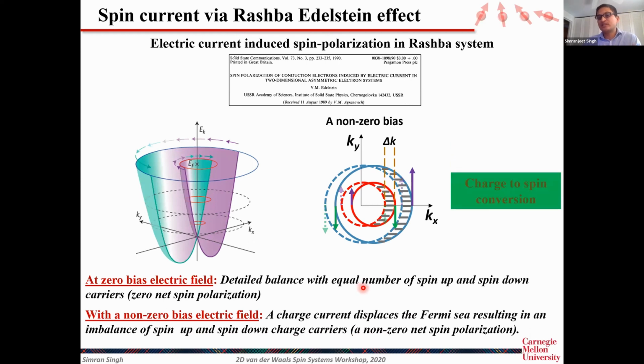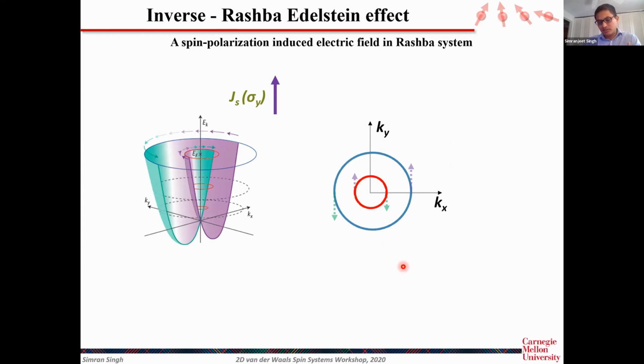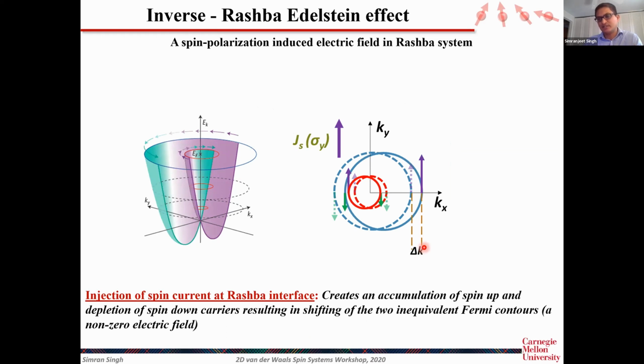And if this is true, if you apply current and you can convert it to spin, the reciprocal process must also be true: if I send a spin current onto this kind of interface, it should also generate an electric field. And as I said, this has recently been the focus of a lot of studies in 2D as well as in oxide systems.